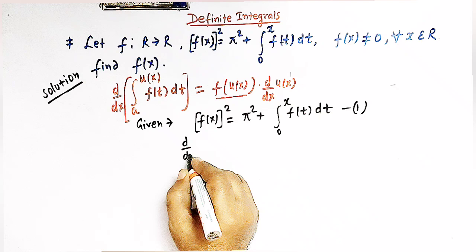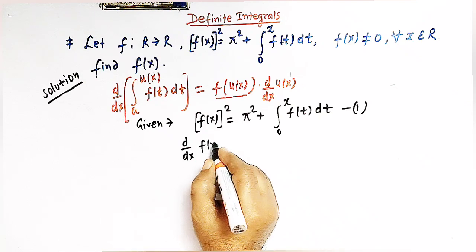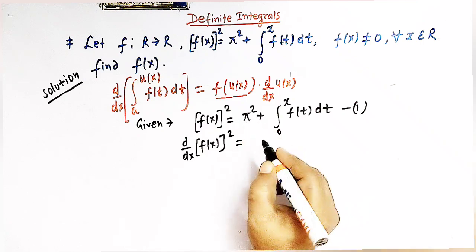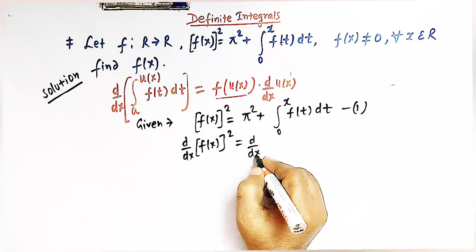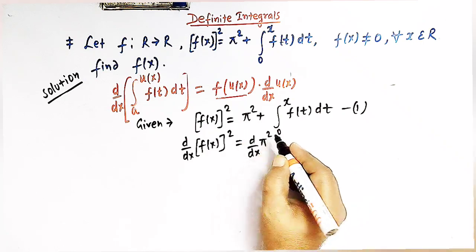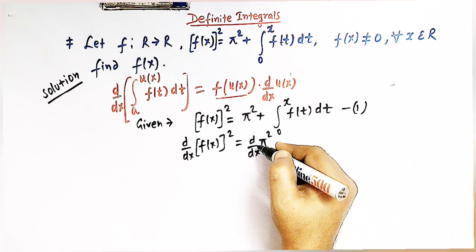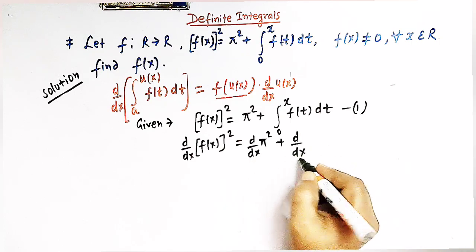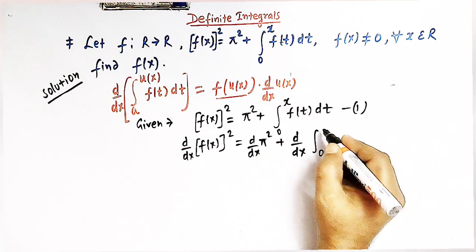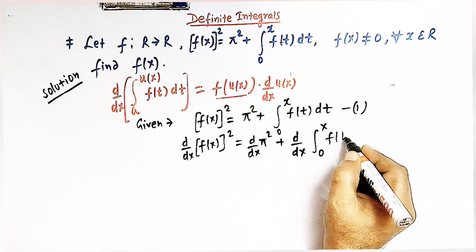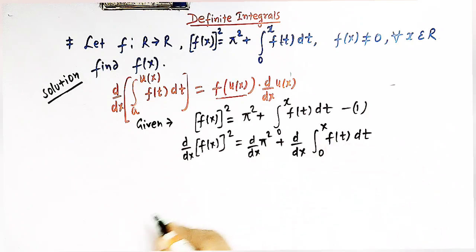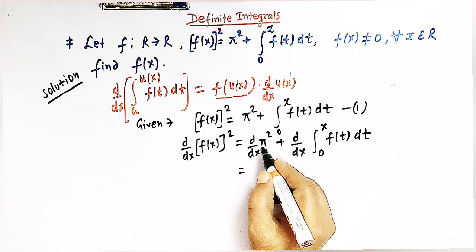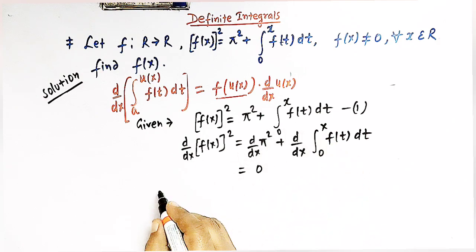So we have d by dx of f of x square, and here the derivative of pi square is equal to 0, which we will write in the next step. And then we have d by dx of the integral 0 to x f of t dt, right? So here the derivative of pi square is 0 because pi square is a constant.